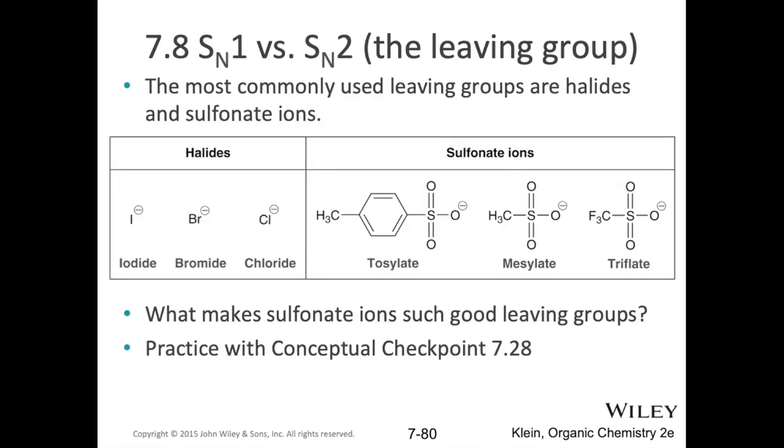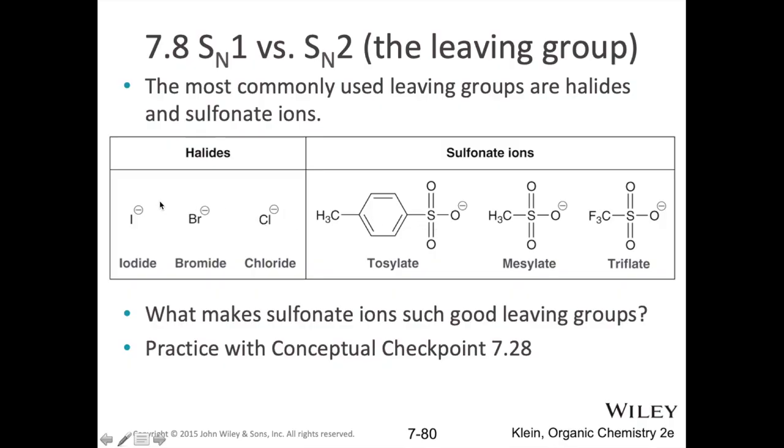All right, so let's look at some examples of common leaving groups we're going to see, and you're going to see why they're great leaving groups. Notice that we've got the halogens over here, and we also have some sulfonates. They're all analogs of the sulfate ion, you just have some organic R group attached to that sulfur instead.